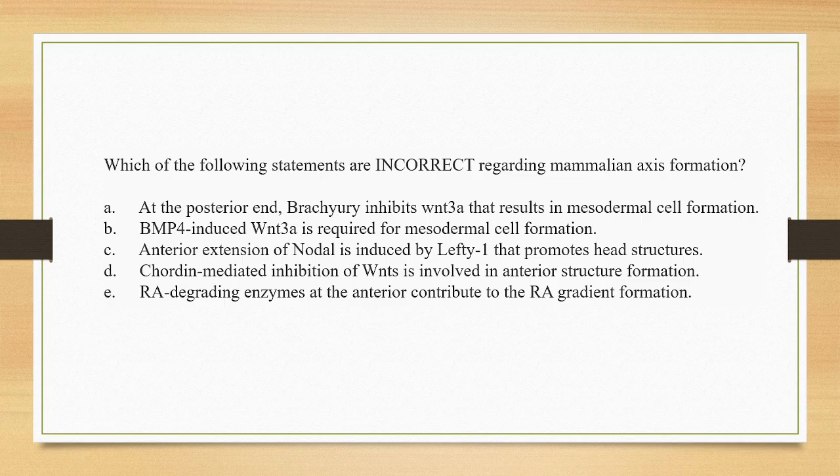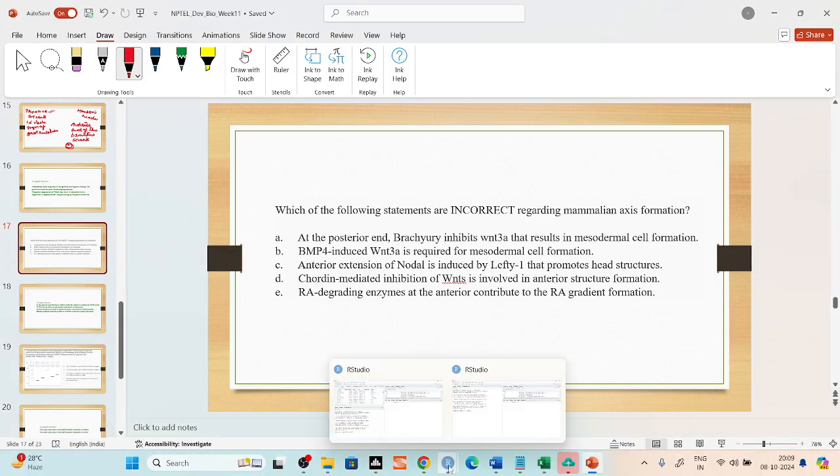But here each and every option is unrelated to the others. That means if you solve this question, five concepts would get clear. This one is about BMP and Wnt3 signaling. This is about RA degrading enzyme. This is about nodal signaling. So these are different.